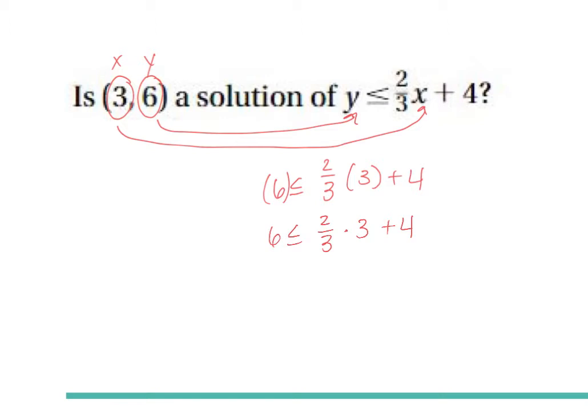Who's good with fractions? How do we simplify that right side? Multiply by 3. What happens? 6. Okay, so 6 is less than or equal to, this becomes 6 over 3, plus 4.